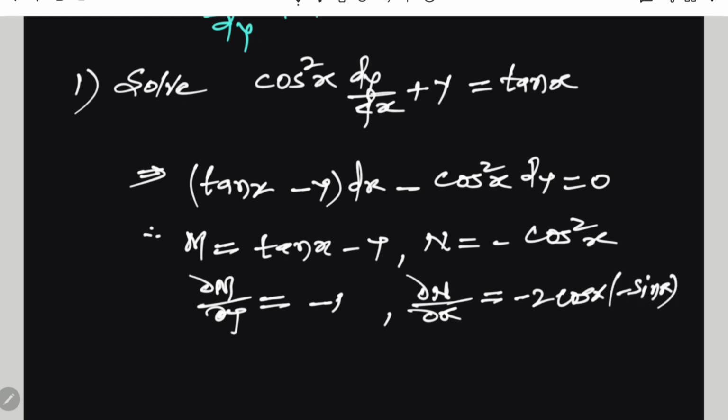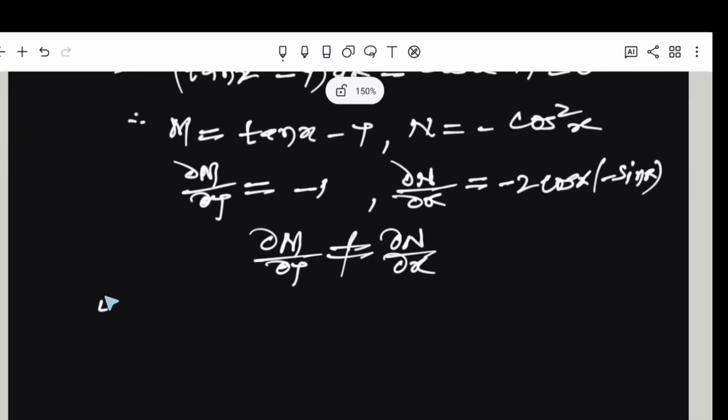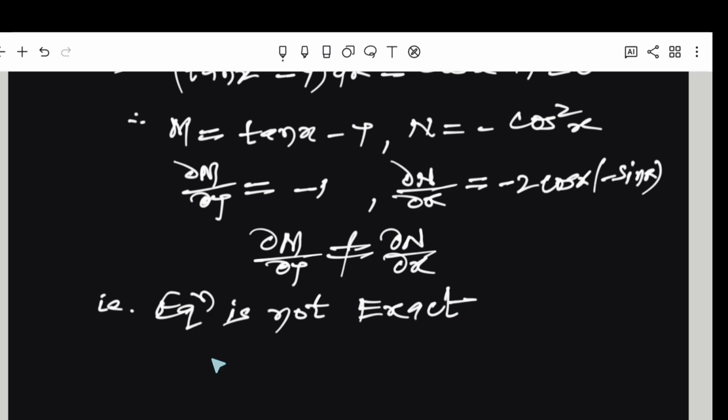And therefore, if we observe, the two values are not equal, dou m by dou y is not equals to dou n by dou x, means the equation is not exact. As it is not exact, we have to check whether it is linear in y or linear in x.